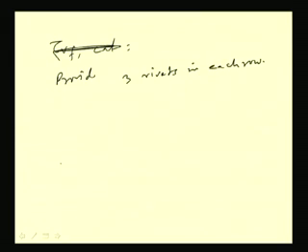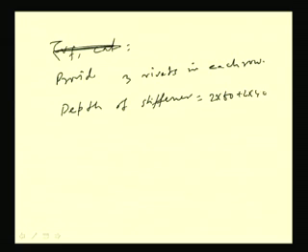So, depth of stiffener can be found out, that will be 2 into 60 plus 2 into 40. Edge distance we are considering 40 and pitch is considered 60. So with this we are getting 200 mm.